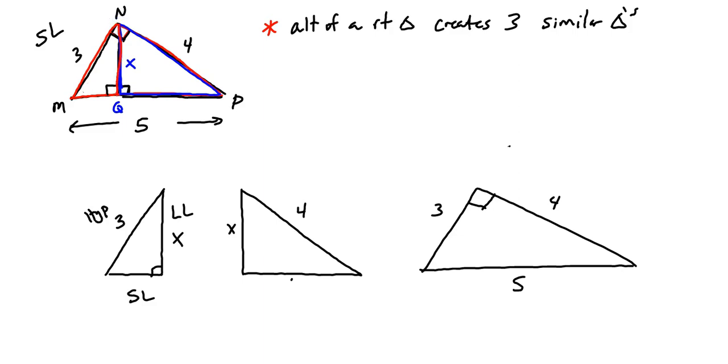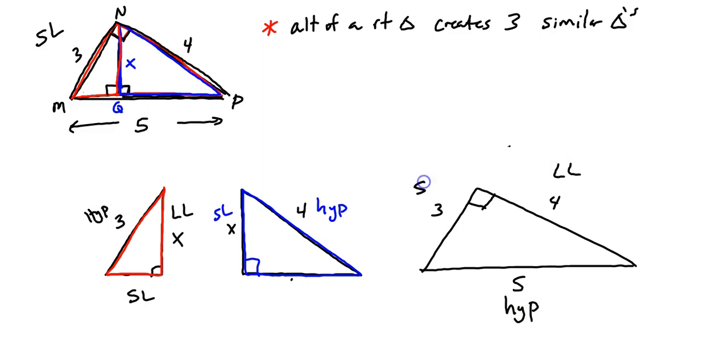This little guy was the red triangle. And then the blue triangle on the right, there's my 90, this was the hypotenuse, and this was the short leg. And then the big dog, I'll make the big dog the black triangle. He's the hypotenuse, the long leg, and the short leg.